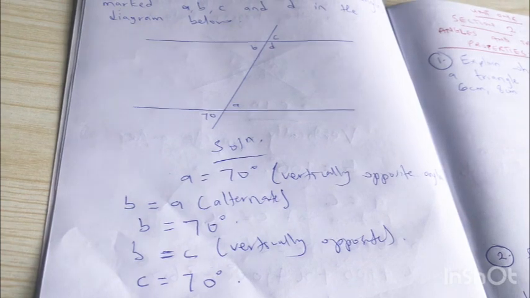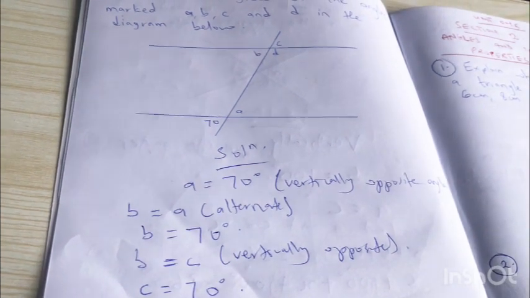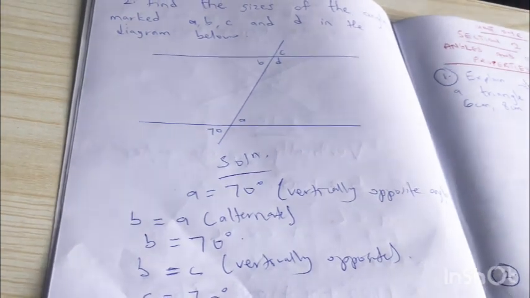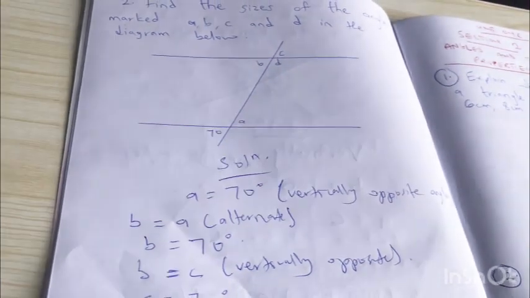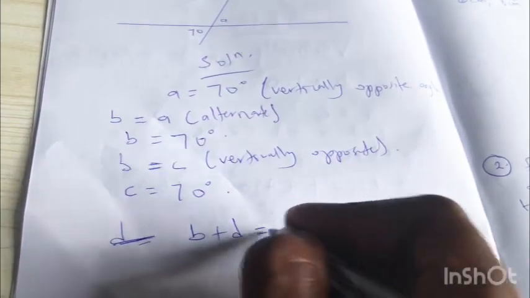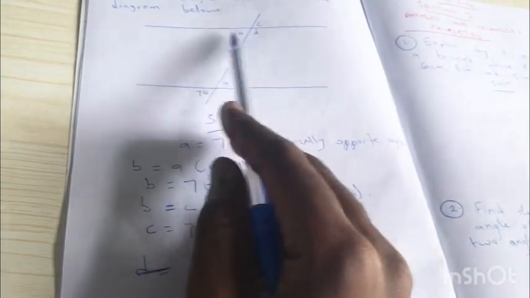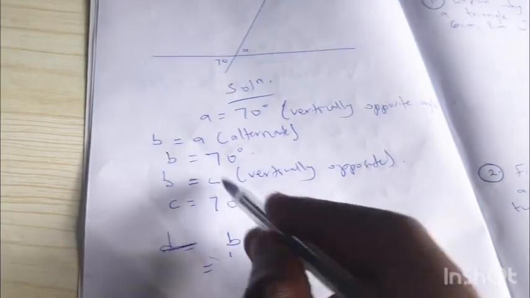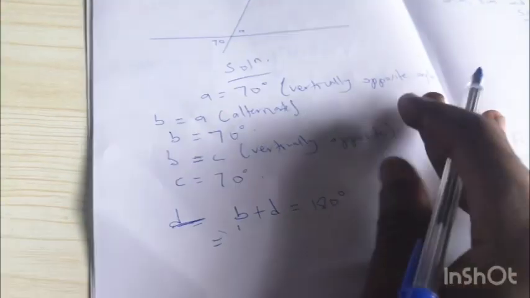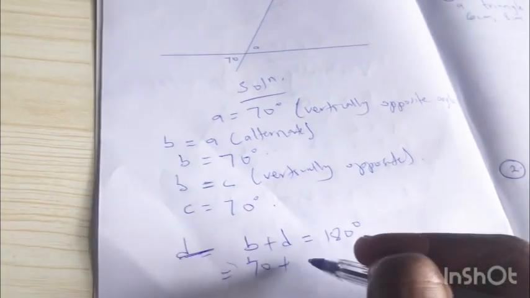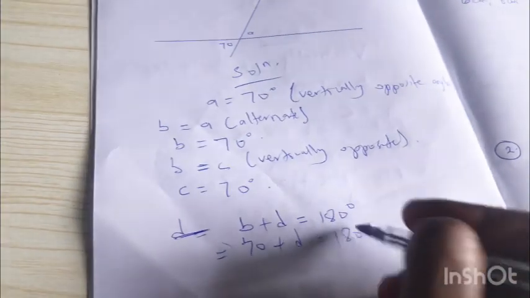How do we find D? We can find D by using B. So B plus D equal to 180 degrees. Why? Because they are on a straight line, and a straight line adds up to 180 degrees. Now what is B? 70. So we say 70 plus D is equal to 180 degrees.